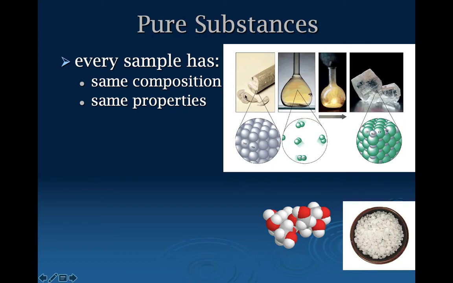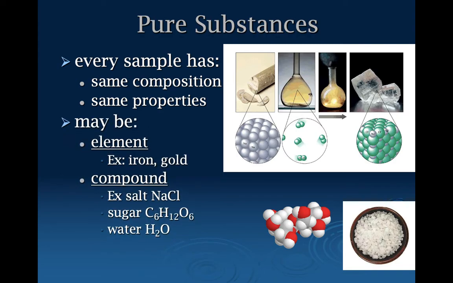And every single one of these would be a pure substance. So a pure substance could be an element like sodium or chlorine or gold. And then a pure substance could be a compound also, like sodium chloride, glucose, sugar, water, and there are many other examples.